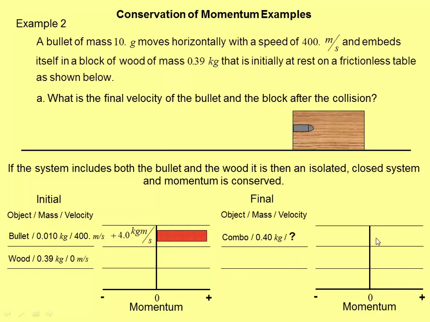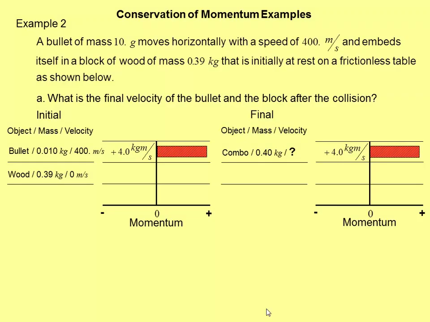Now, since the momentum is conserved, isolated closed system, and it had 4 kilogram meters per second initially, the combo has to have 4 kilogram meters per second finally. And just like before, now that we know how much momentum it has initially and finally, we can set that equal to the momentum of the combo. And look what I did here. This is important.